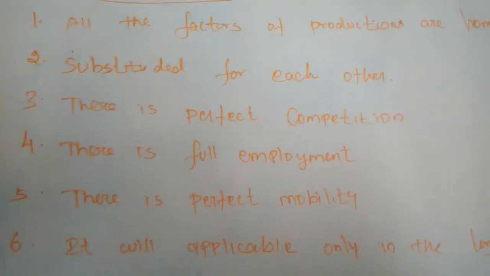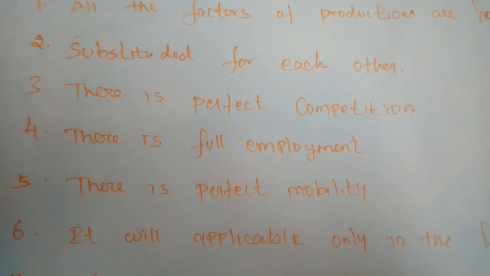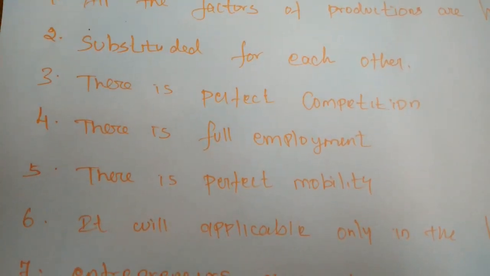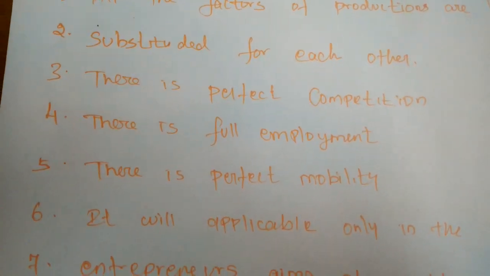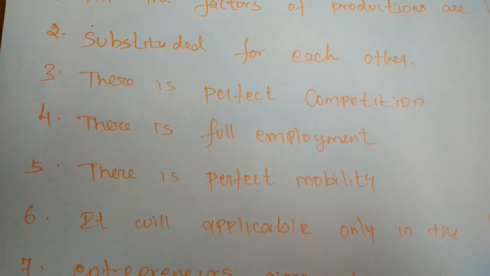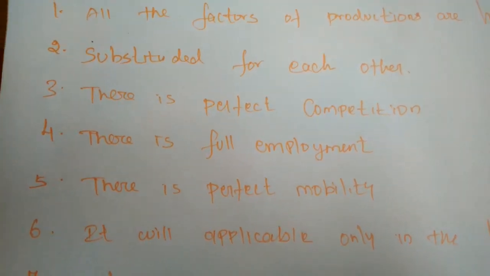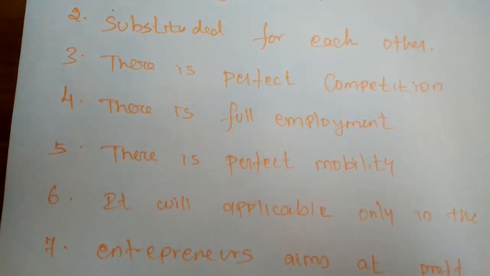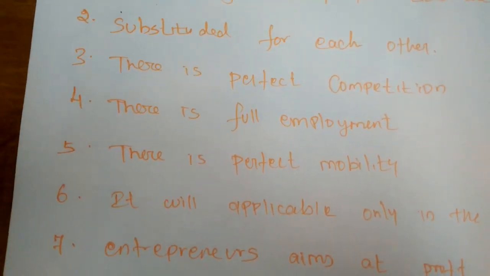Similarly, considering labor and capital, machinery is also one form of capital. So instead of capital, we can arrange labor, because the productivity of labor and capital will always be the same.